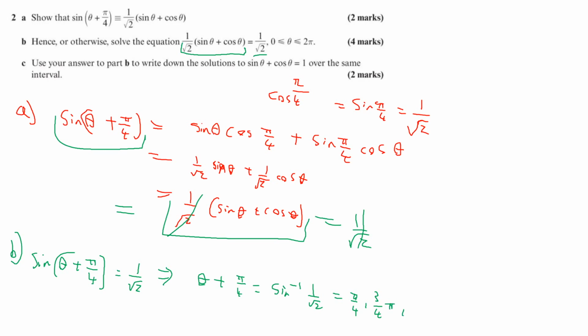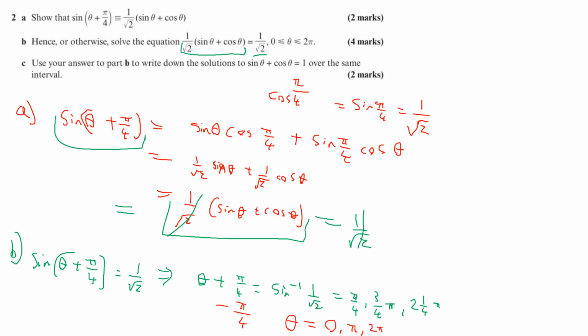And then it would also be equal to 2¼ pi. Alright? Then we minus pi over 4 from each side. So theta is equal to 0, pi, and 2 pi.